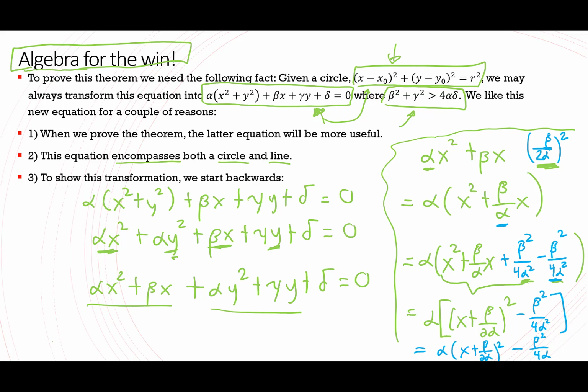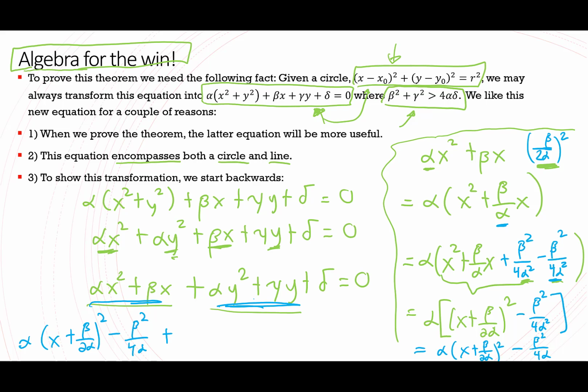So if we do that to both these terms, if we complete the square on x and y, we'll get the following. So we'll get alpha times x plus beta over 2 alpha, squared, minus beta squared over 4 alpha, plus, now if you want to practice this, I recommend you pause the video, try to complete the square on y here, and then compare with what I get.